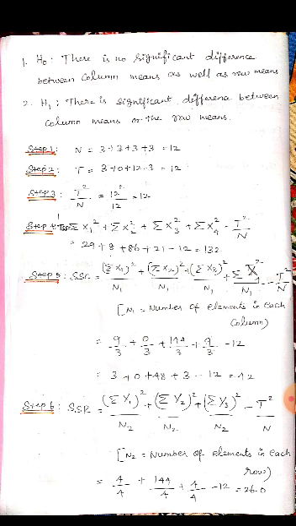From the column values, it is summation x1 the whole square divided by n1, where n1 is the number of elements in the corresponding column, totally 3 elements, so we put 3, plus summation x2 whole square divided by n1, and so on. Just add and subtract the CF, the correction factor. You get the SSC.